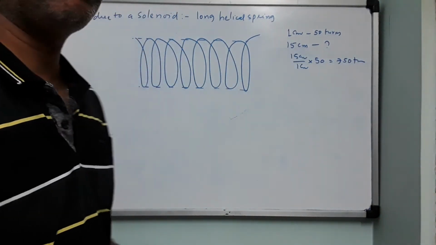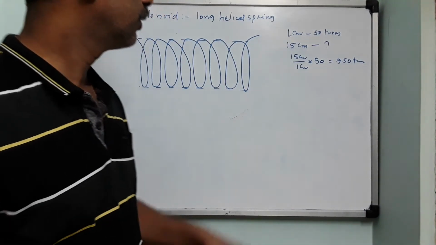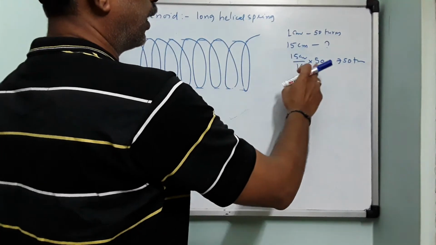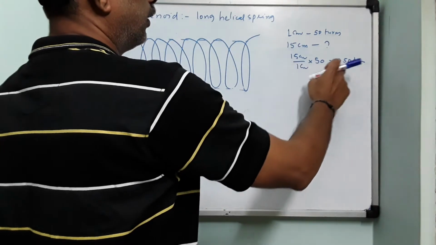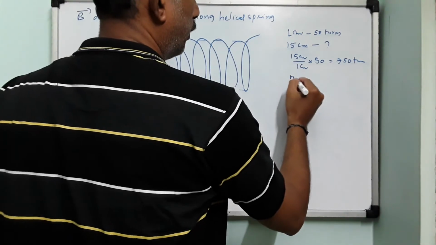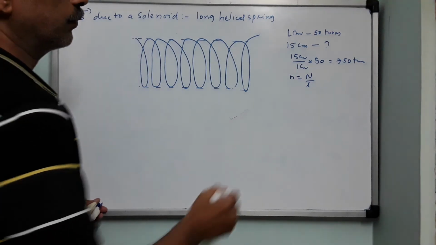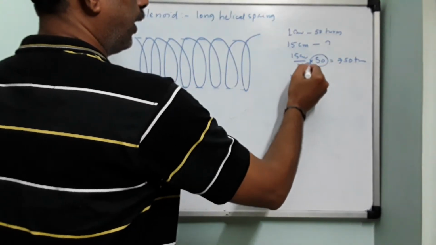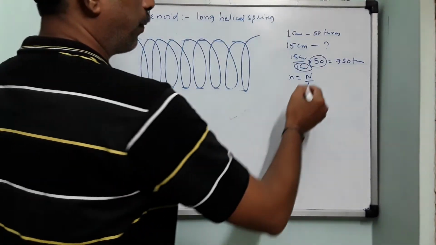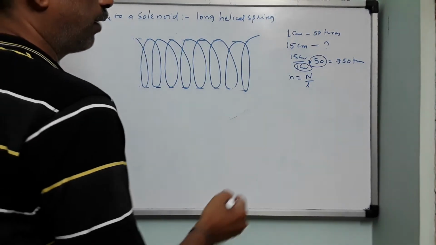Children, this calculation is made in terms of the concept of number of turns per unit length. If you divide the total number of turns by the length, you will get the number of turns per unit length. So n is a new concept now, that is nothing but the total number of turns N available over length L. So 50 divided by 1 centimeter gives this concept of capital N by L. Capital N is the total number of turns, and L is the length. So it is the number of turns per unit length.